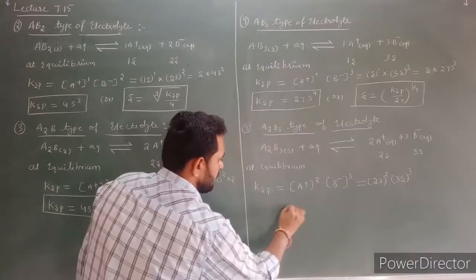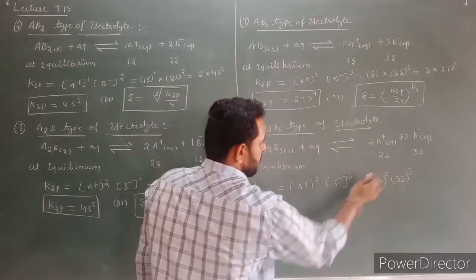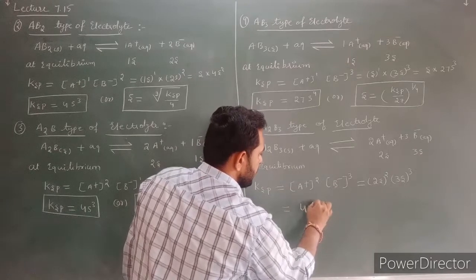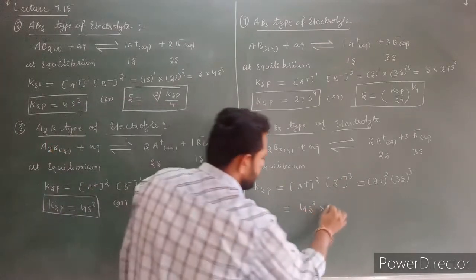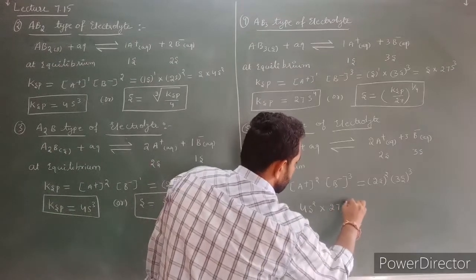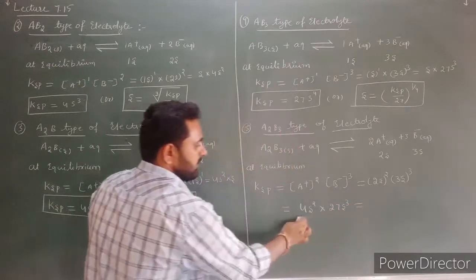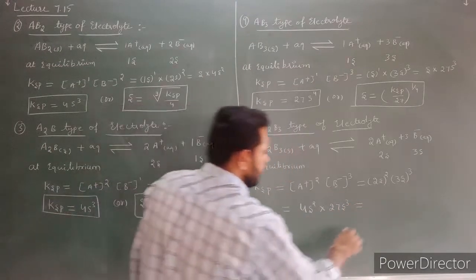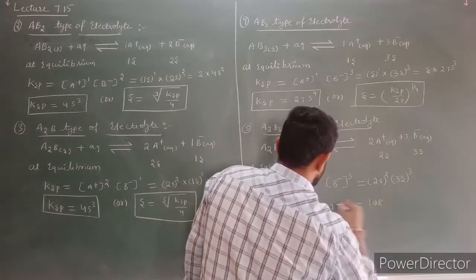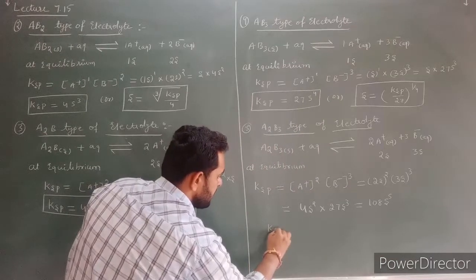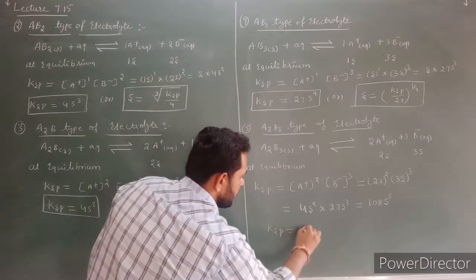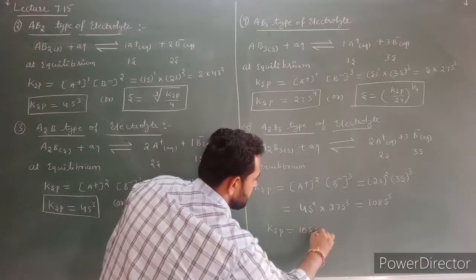Next, here 2 2s are 4, 4s square into 3 3s are 9, 9 3s are 27 s cube. Then finally, here 27 into 4 is equal to 108. 108 s power 5. Then Ksp is equal to 108 s power 5.